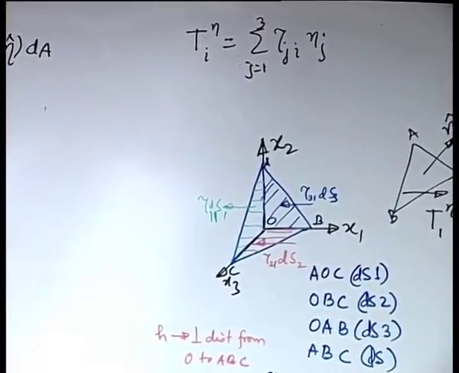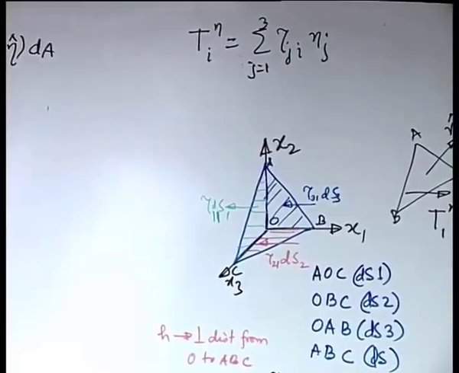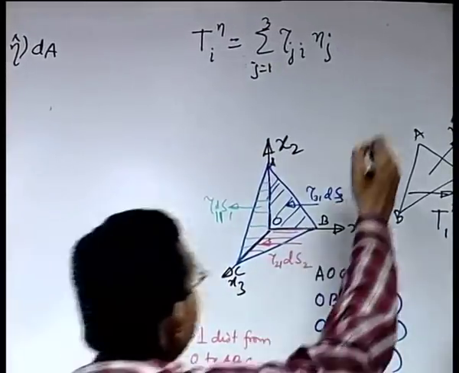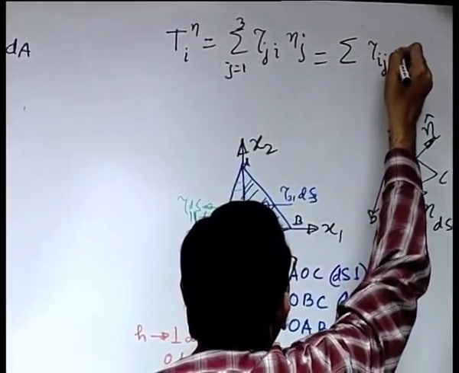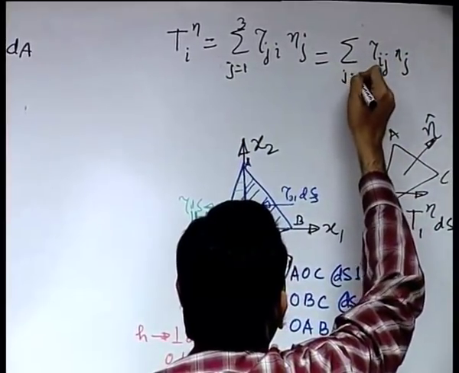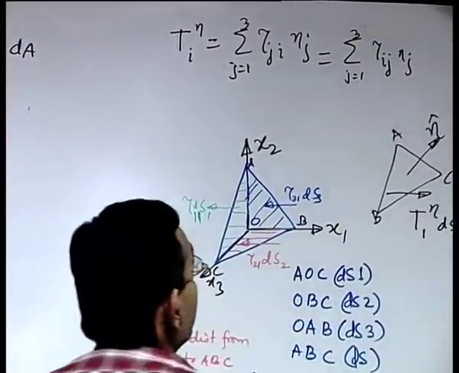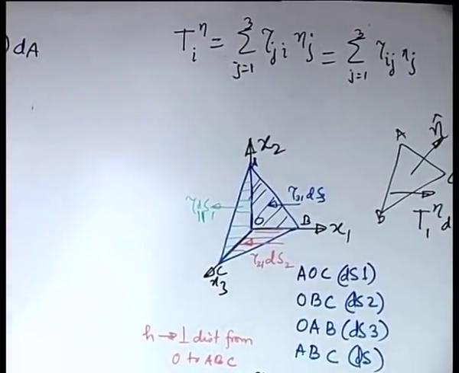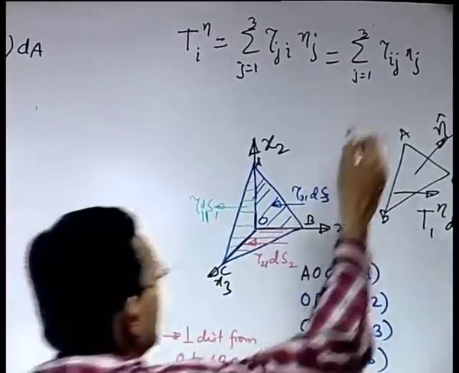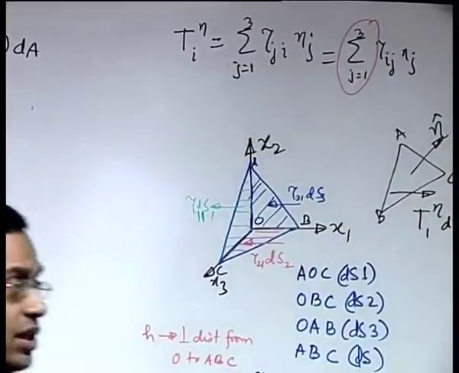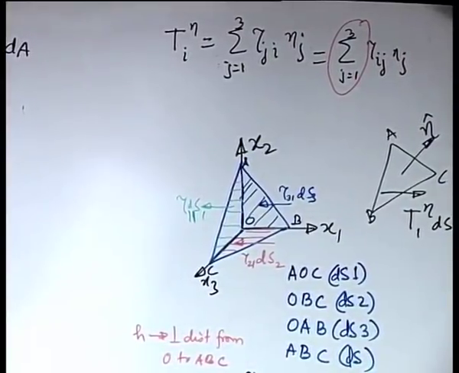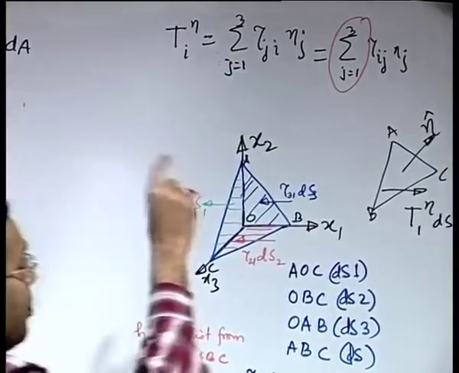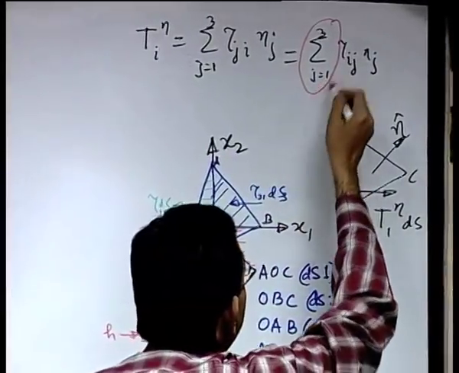Now, because tau jI is equal to tau Ij, this is as good as the same expression. When we write this, we usually omit the summation, that is known as Einstein's convention. That is, when you write this, you keep in mind that there is an invisible summation.